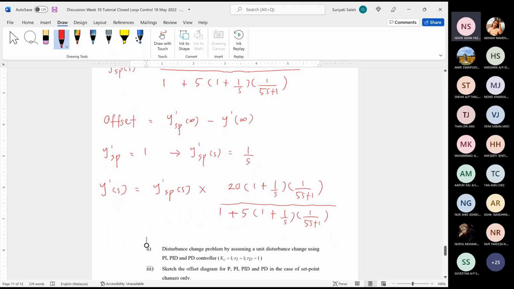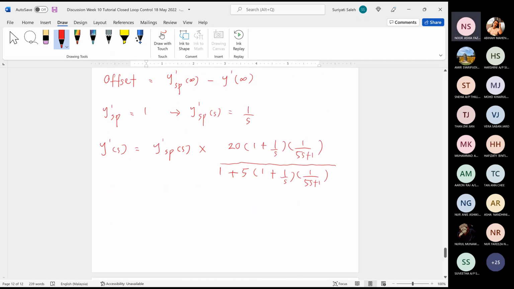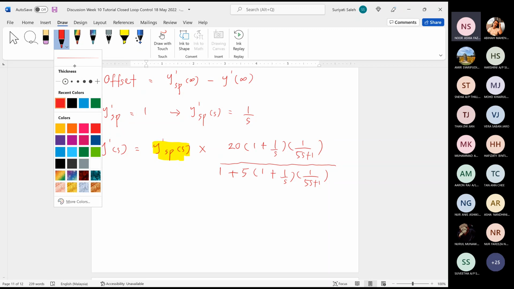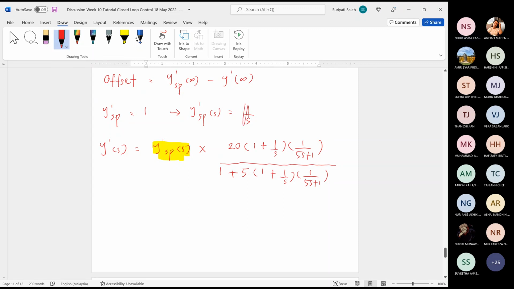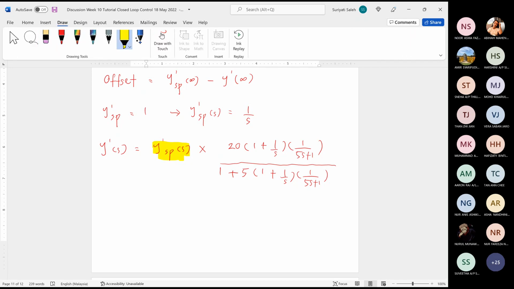So we have rearranged the equation for y prime S like this. We know that y prime SP in this case is 1 over S, so we can do the substitution, replacing 1 over S here.